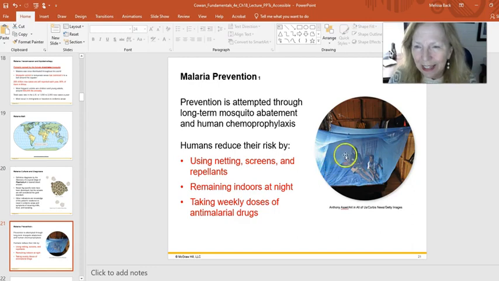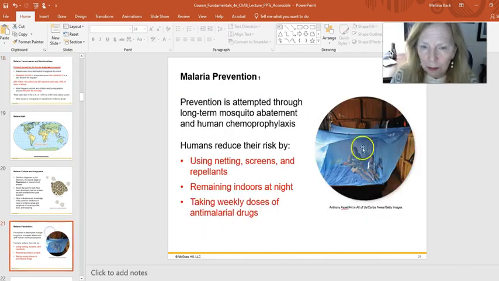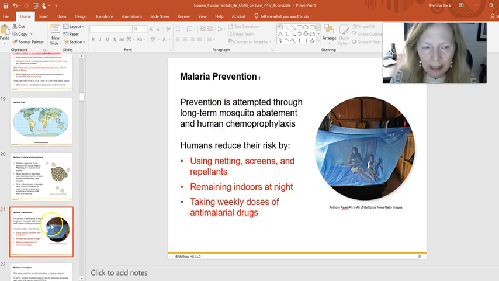So again, nets have played a huge role in limiting and reducing the numbers from up to 2 million not very long ago to now 500,000 deaths annually, which still sounds just unbelievable to hear that many. But it was cut by more than half with some of these practices that are going on now to try to prevent this.